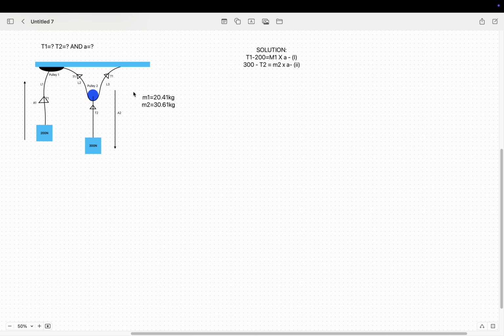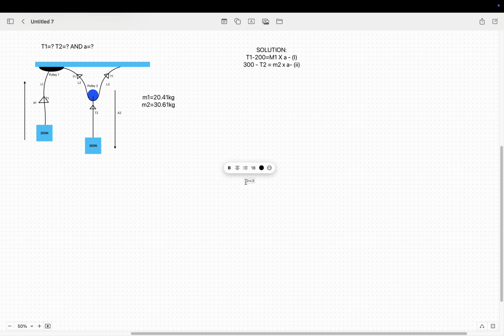We can tell by our common sense that this L3 equals L2, it can be equated equally. Why? Because the figure is drawn like that.